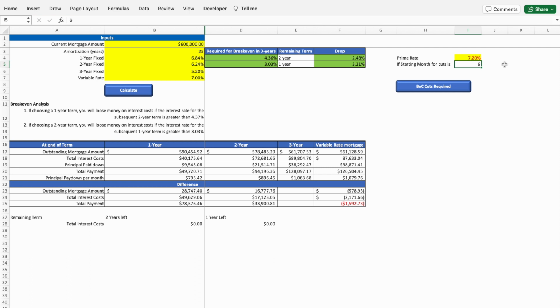And thirdly, a worst case scenario: if interest rate cuts are delayed and do not materialize till the very end of the term, then how many months of cuts you would need to see in order for that choice to still come out ahead. So let's calculate it.